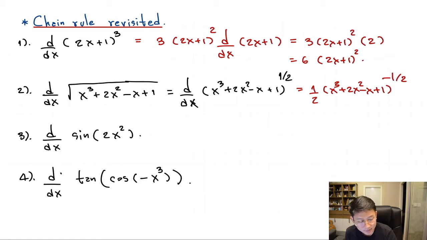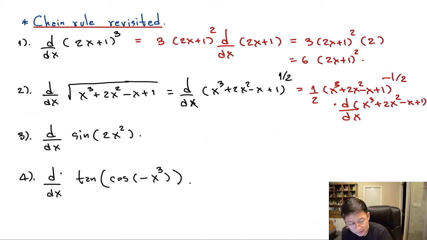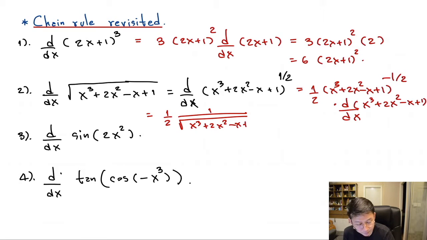And then times d of big X, which is this guy, by dx. That is 1/2 of 1 over the square root of x cubed plus 2x squared minus x plus 1.